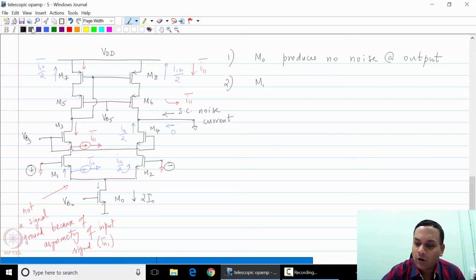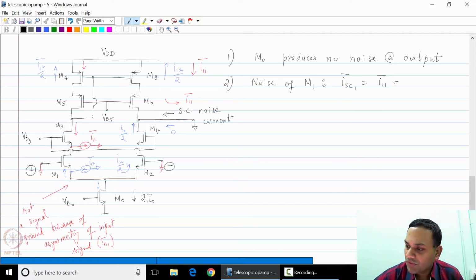Therefore, if you look at the noise of M1, the short circuit noise current is ISC1, which is equal to IN1, the drain thermal noise of M1.